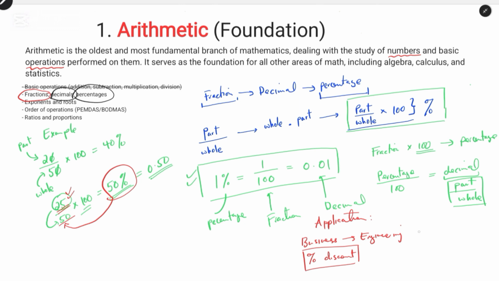And such as in engineering, I mentioned previously, if you want to find the efficiency of a system, voltage output of the system divided by the voltage input times 100 will now give us a percentage efficiency.